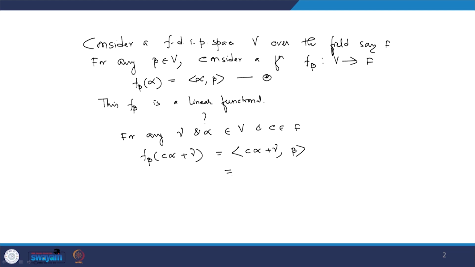From the definition of the inner product, this is equal to c times the inner product of alpha, beta plus the inner product of gamma, beta, and this is equal to c f beta of alpha plus f beta of gamma. So, this implies f beta is a linear functional.